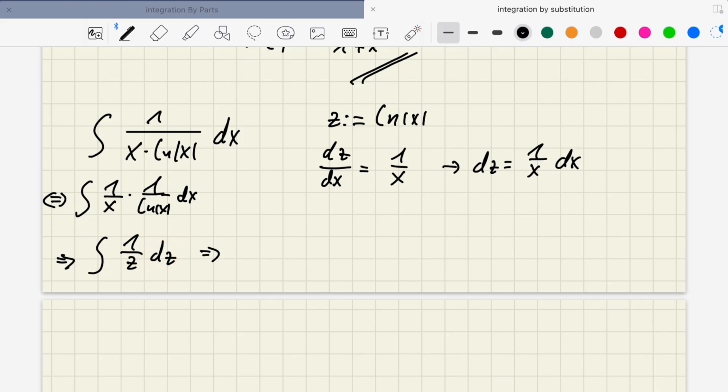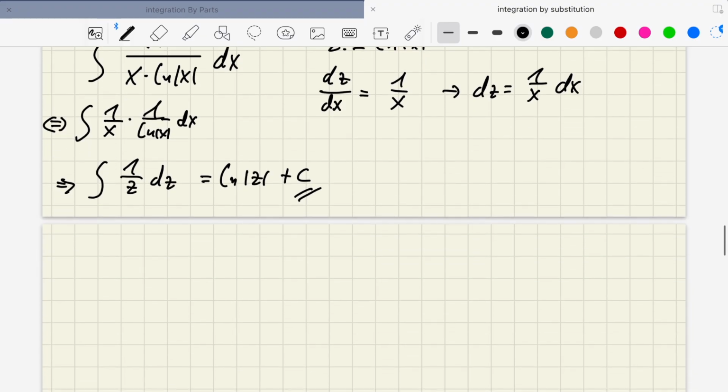Okay, that's not complicated. So we have logarithmus naturalis z plus c. Now we back substitute again. Back substitute, and we have our antiderivative function is equal to the logarithmus naturalis.